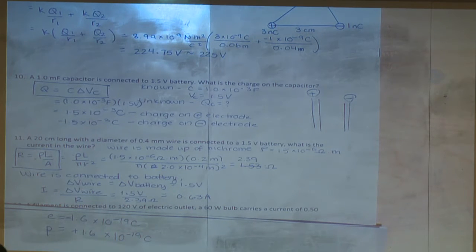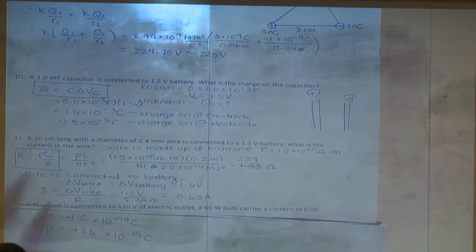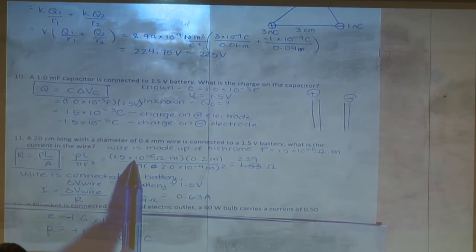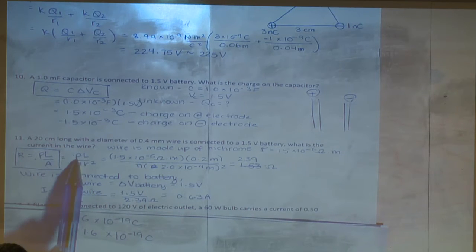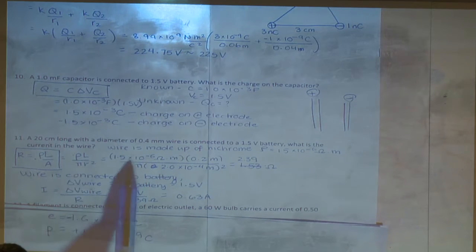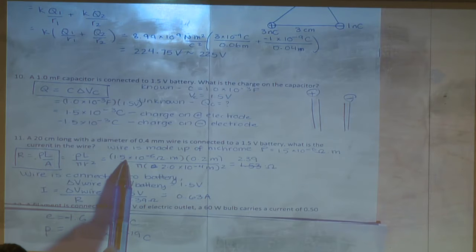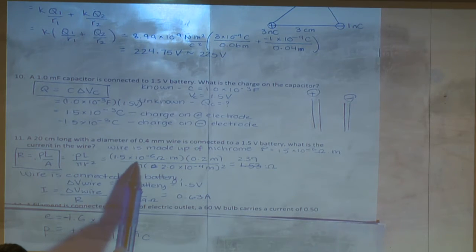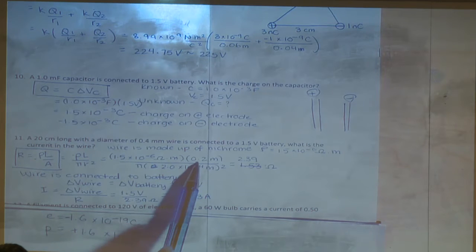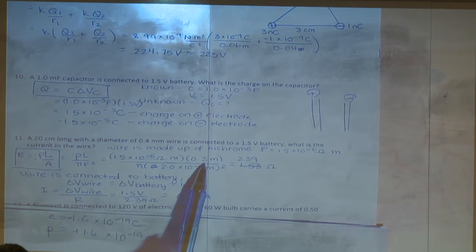Are we good? Can you explain where you multiply the 1.5 times 10 to the negative 6? Oh, right here? Yes. Because that's the resistivity, so that's the formula. If you see right here, it's resistivity times length. So the resistivity of the wire, which will be given to you, is 1.5 times 10 to the negative 6, times the length, which is 0.2 meters.